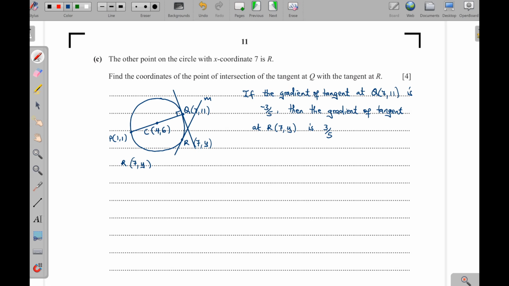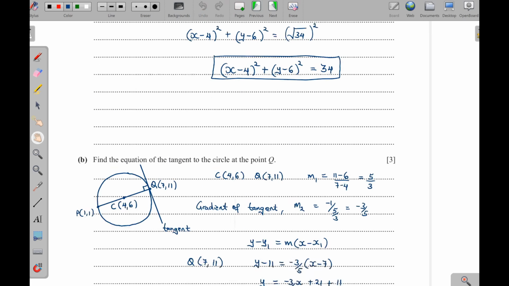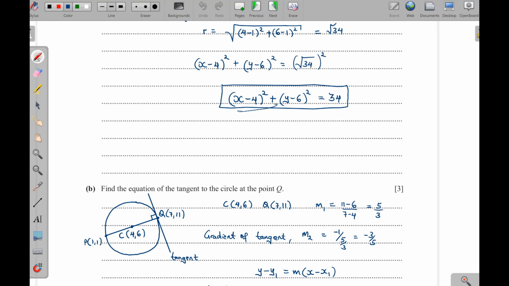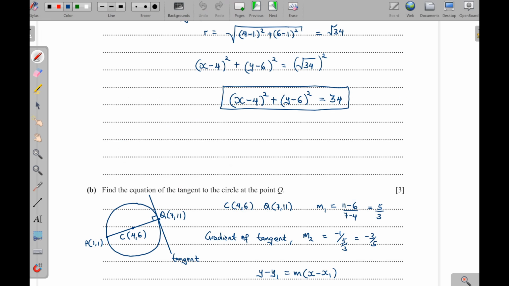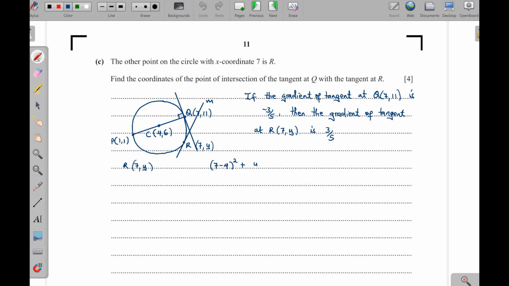Let's go to the equation of the circle. The equation of the circle, we got it here. (x minus 4) squared, then plus (y minus 6) squared is equal to 34. So we have our x is 7, then minus 4 squared, then plus (y minus 6) squared, this one will be equal to 34.